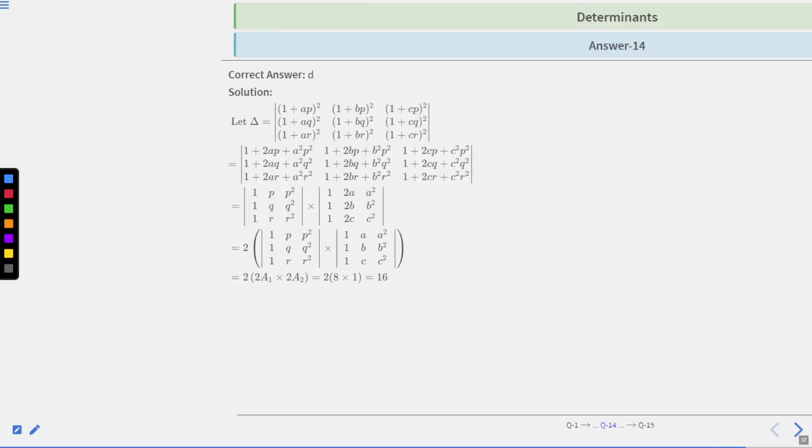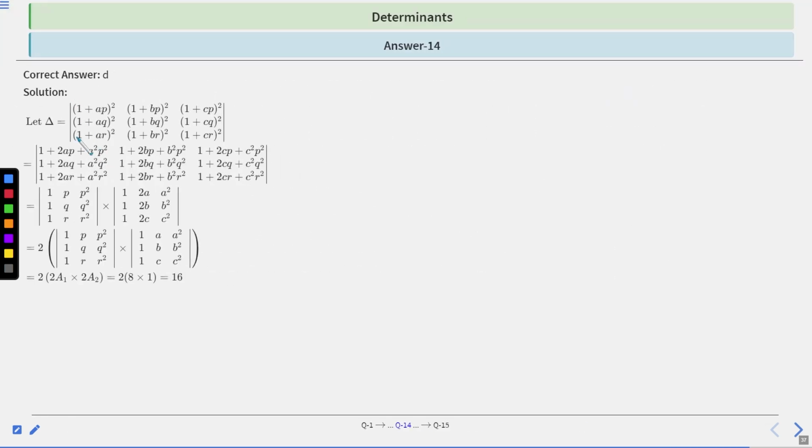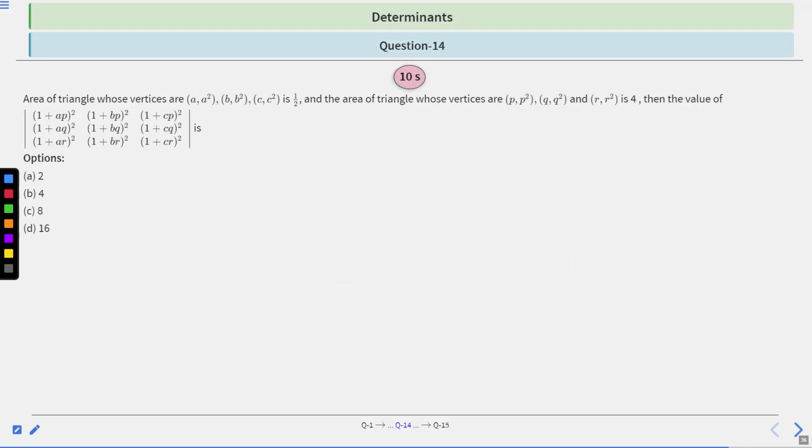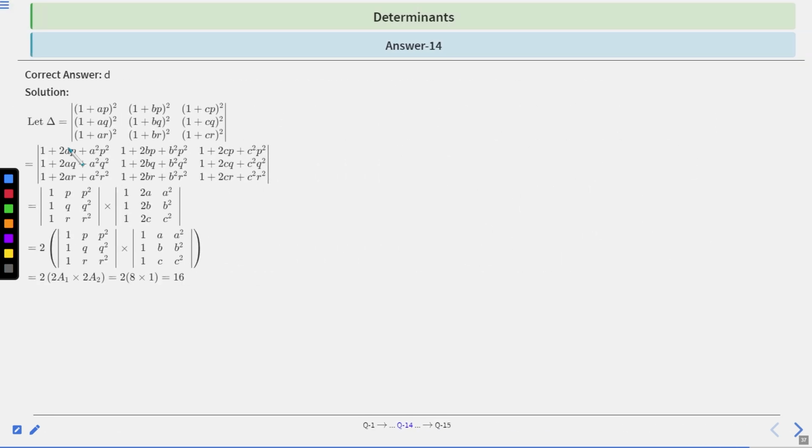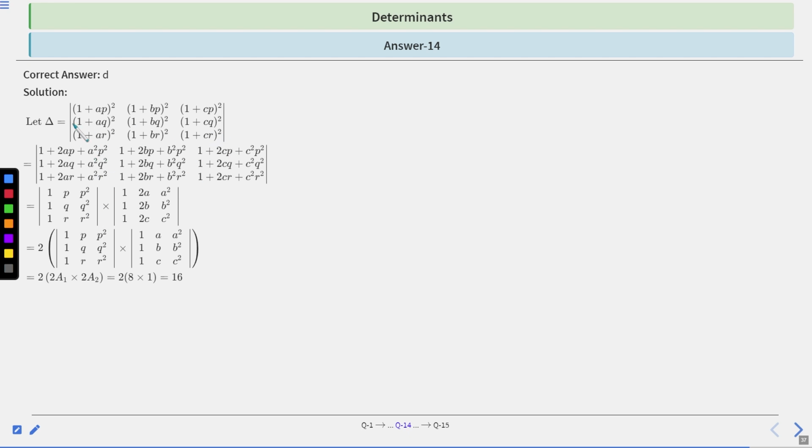Okay, let's move to the solution part. See, delta is this, and the area of the triangle whose vertices is 4. Then the value of this determinant. So the determinant is given as this one. After solving, 1 2 a square p square like this, you will get this determinant.